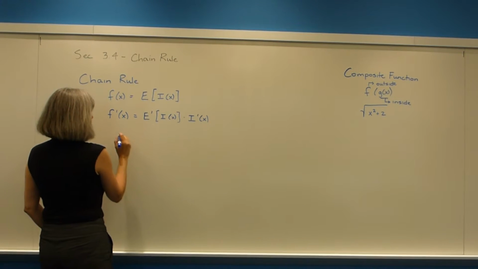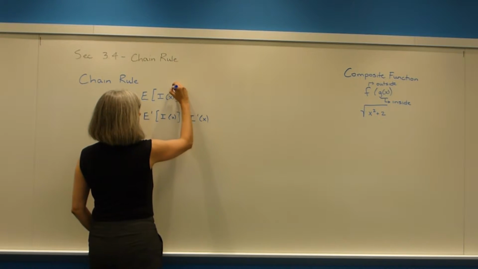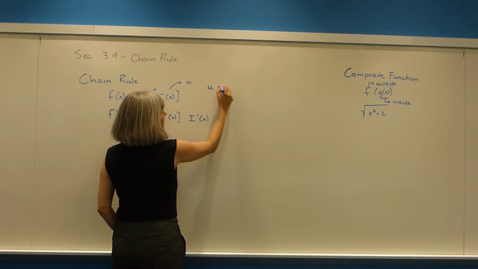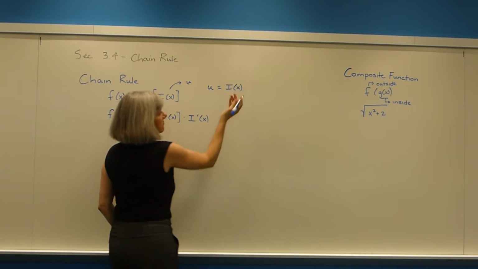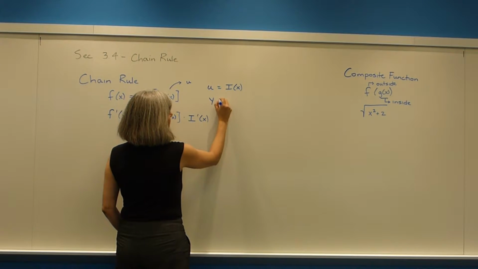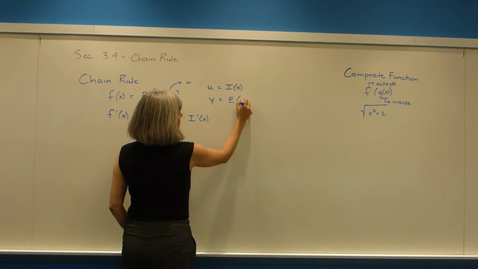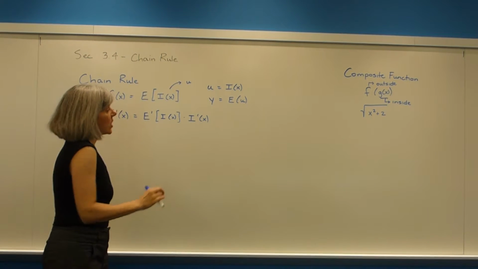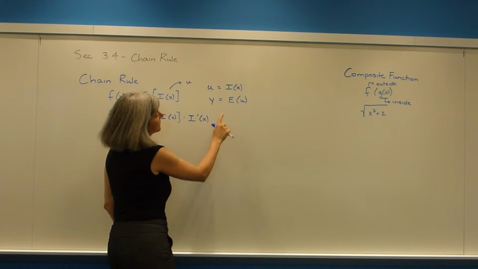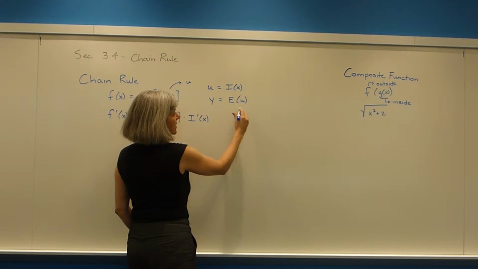Another way to think of this is, just to make it a little bit easier, let's call that u. Let's say that u is equal to that function. So now I could write it like this, y equals e of u. Remember we talked about taking the derivative with respect to something? Well, this is now my variable.